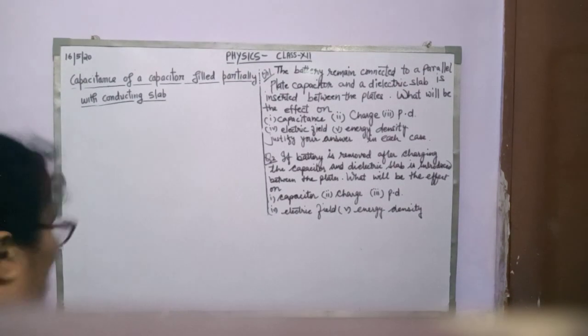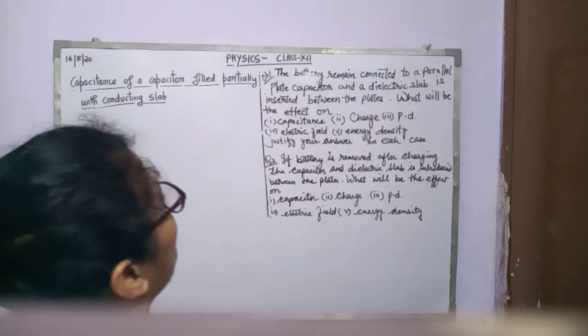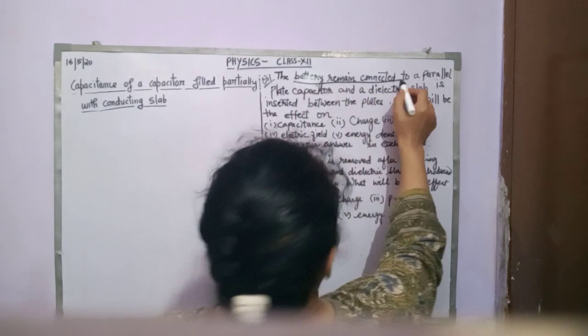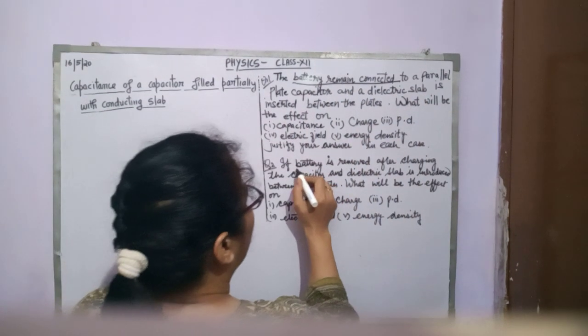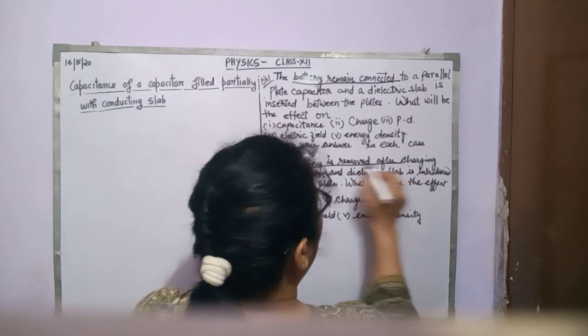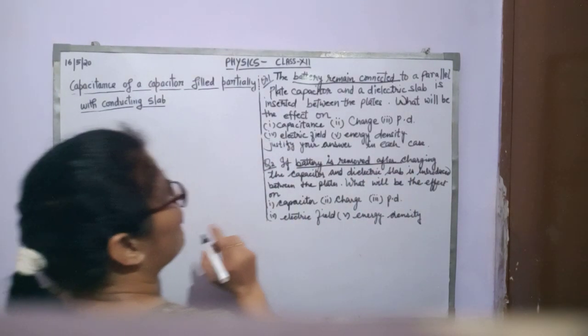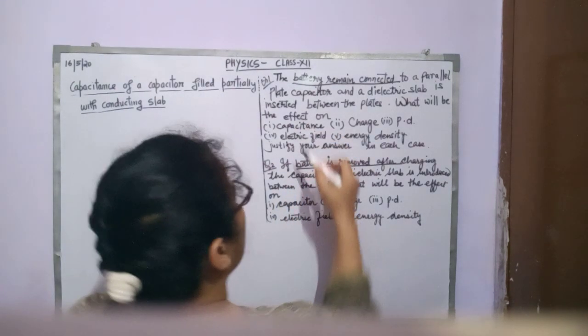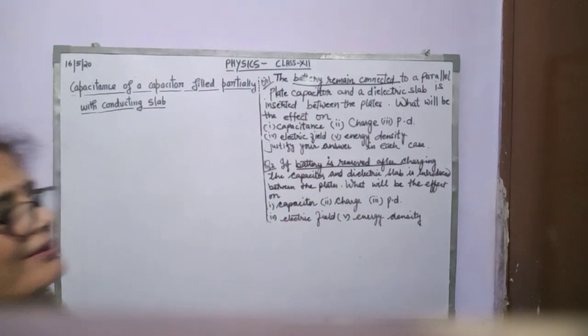Now the first phrase, which is very, very important, is battery remains connected. In the second question, the battery is removed, or you can say disconnected. You have to first observe which type of question is given in the board examination.